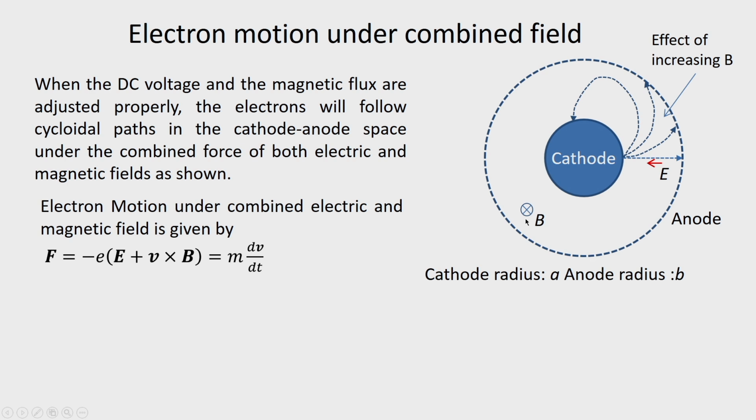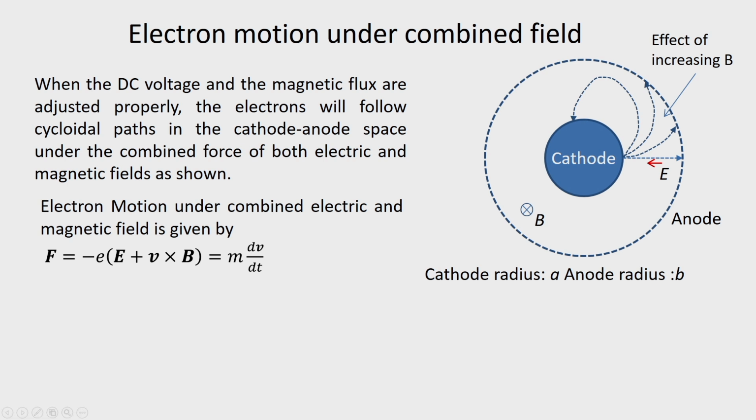As we apply this magnetic field B, the electrons will experience a sideway force and the path will change from linear towards circular as we keep on increasing B. If B is increased beyond a certain value, the curvature of this path will be such that the electron, instead of reaching the anode, will come back to the cathode.